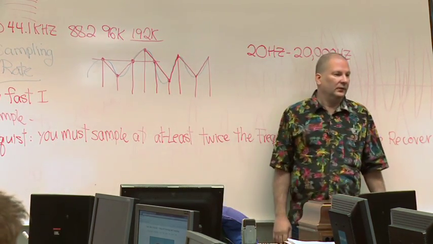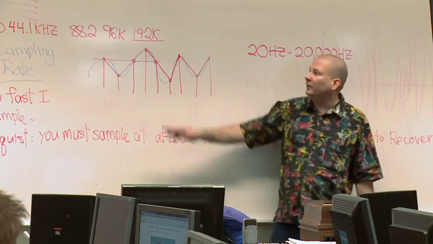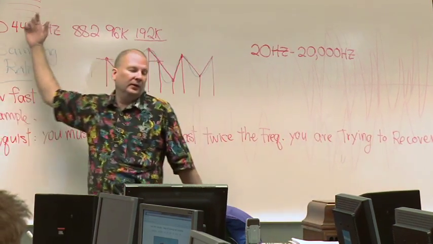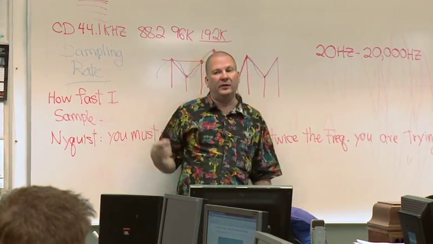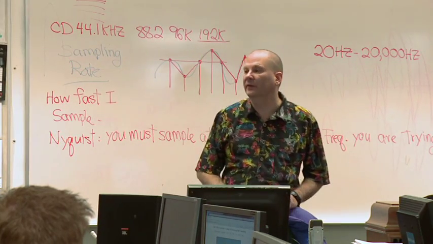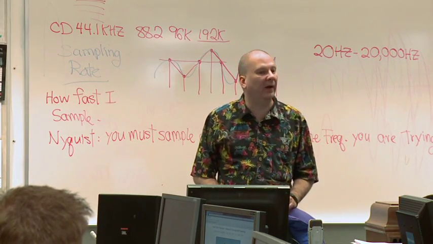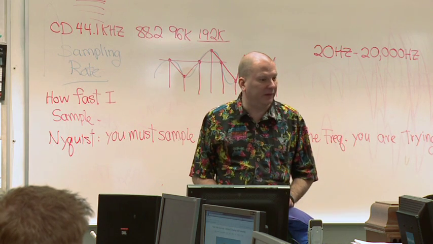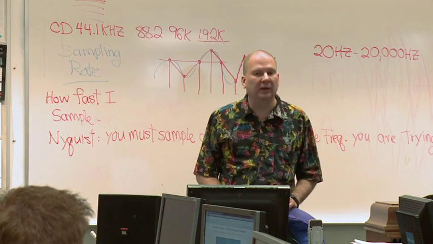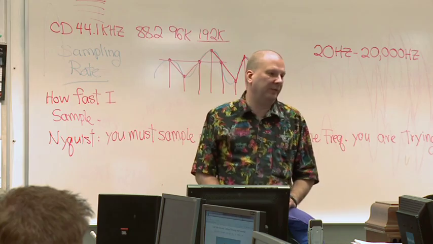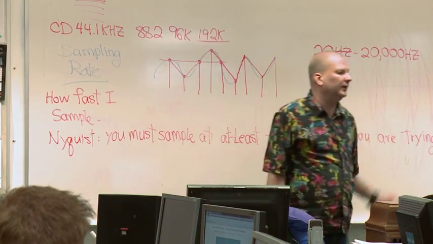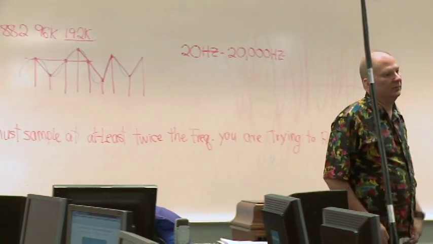Twice. So I could get away with murder. Instead of sampling it at 44.1, I could sample it at 20K and save slightly more than half the data rate. Right? Half the data rate. The problem is, I'm cutting off the high frequencies, which I don't need in human speech.